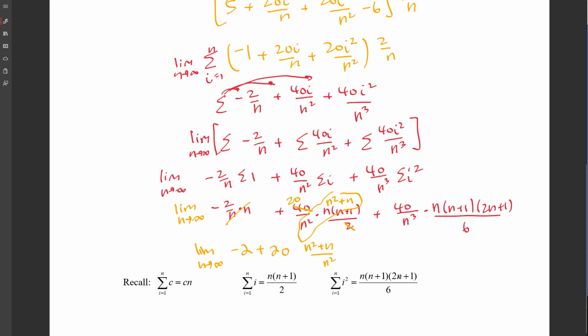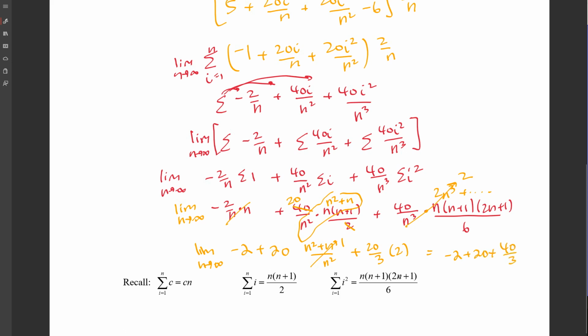And over here, I'll have 40 divided by 6, which is really 20 divided by 3. This will be some sort of n cubed number, but it'll be 2n cubed plus something, right? So if I take the limit here, I'll get 2. So this limit here will go to 1. This limit here will go to 2. And so this answer will be negative 2 plus 20 plus 40 over 3.